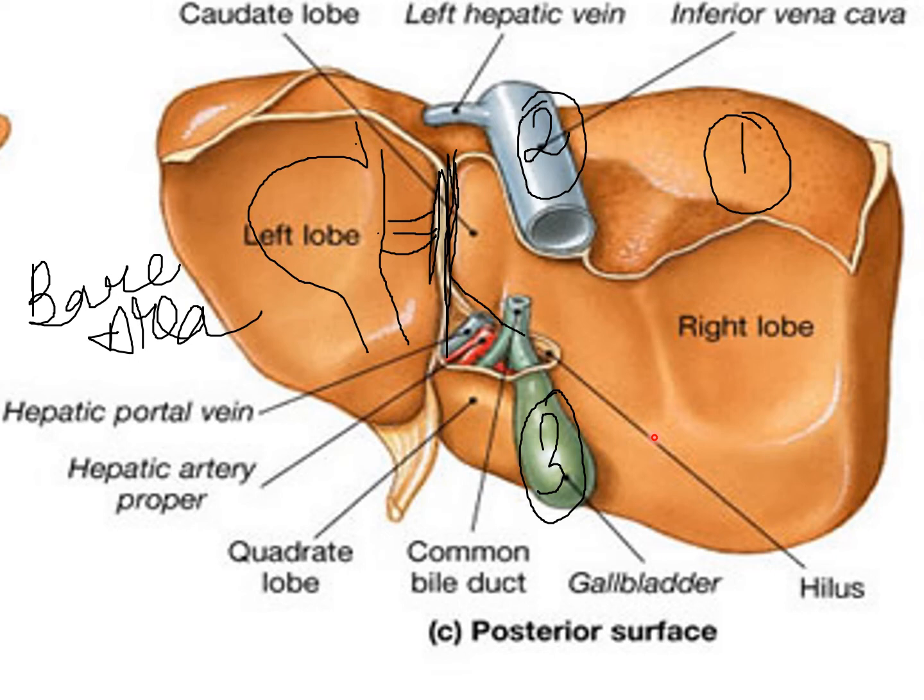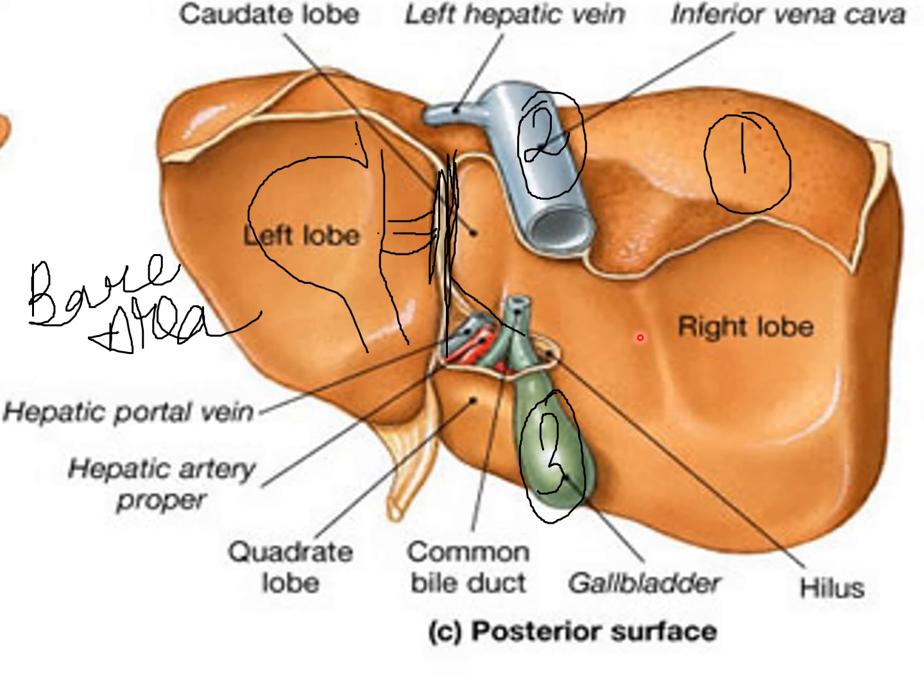And you also have to consider the lesser omentum. You can't say the fissure for ligamentum venosum right now. You have to say lesser omentum, and also the layers of the coronary ligament itself, both superior and inferior layers, are included in the bare area since they are also devoid of peritoneal covering.